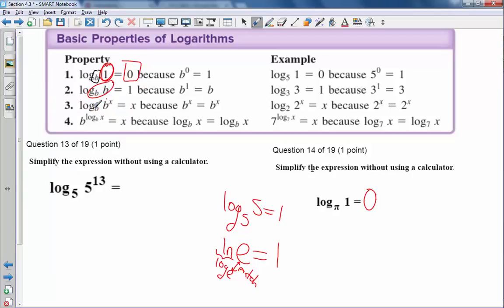So when you have these the same, the answer is x. Key thing, bases must match. We don't care what you have on the top, it's going to be the answer. Again, log base 2 of 2^x is x. Log base e of e^x is x. Log base 10 of 10^x is x. Always, no matter what I choose.